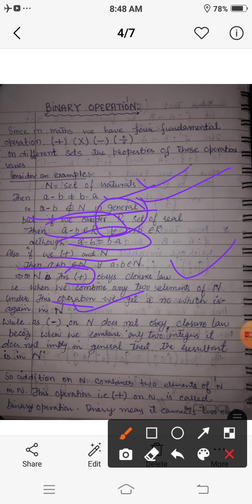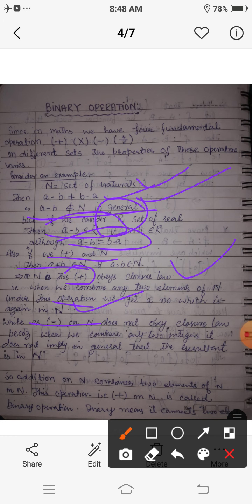While subtraction does not obey the closure law in the set of natural numbers, because a minus b is not in general a natural number. So addition combines two elements to a new element which is again in N, while subtraction does not in general.